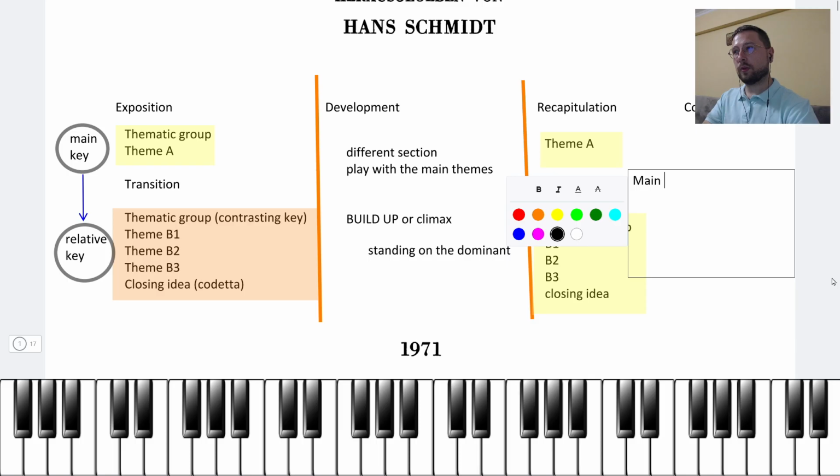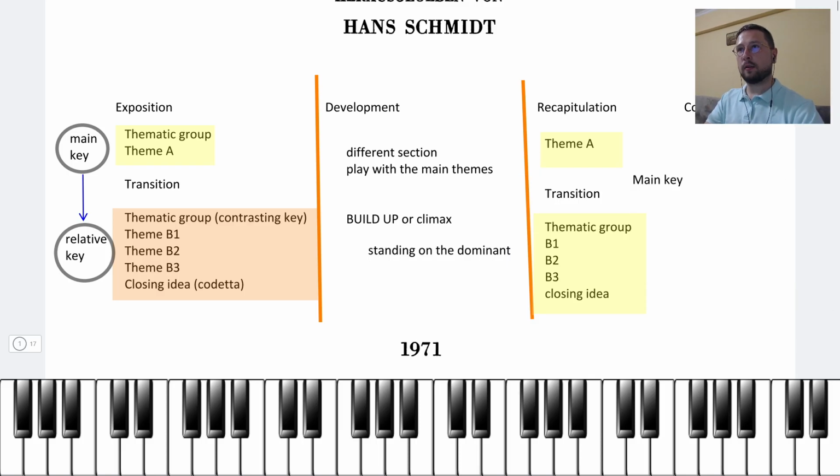And that kind of makes this section, the transition, lose part of its meaning, because the meaning of the transition initially was to modulate, to take us from one place to another. Now, when we are staying in the same key, there isn't much of a point in the transition. So it basically becomes a little development of the different ideas.